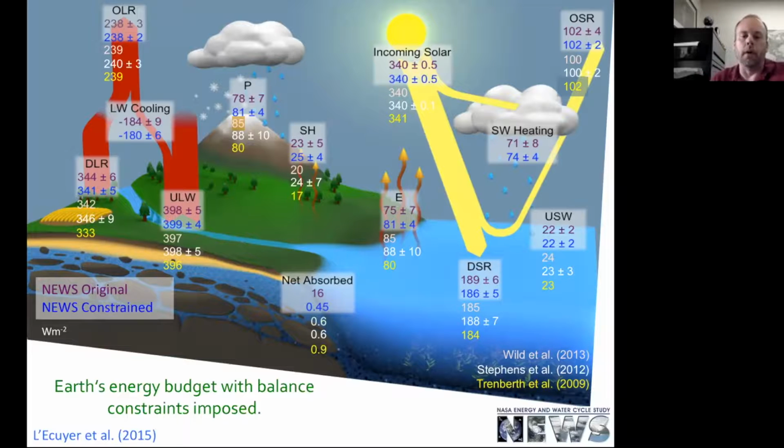I wanted to very briefly describe this NASA Energy and Water Cycle study, and in particular the component of it that is related to developing our best estimates of the various components of the atmospheric energy and water cycles, on global and continental scales, and on annual and monthly scales.